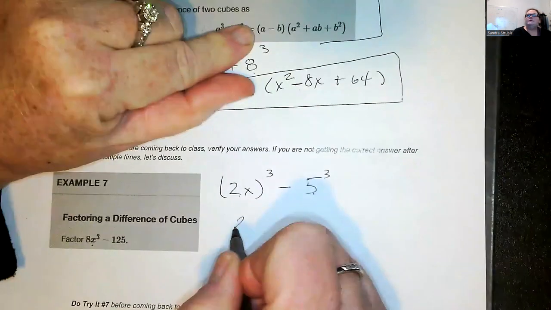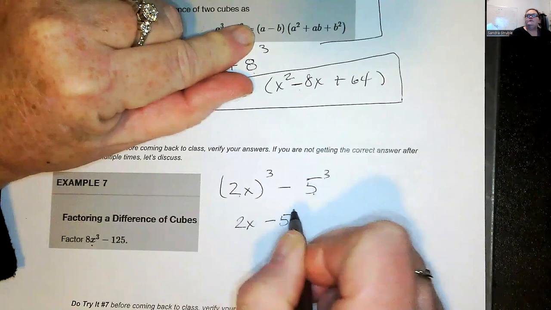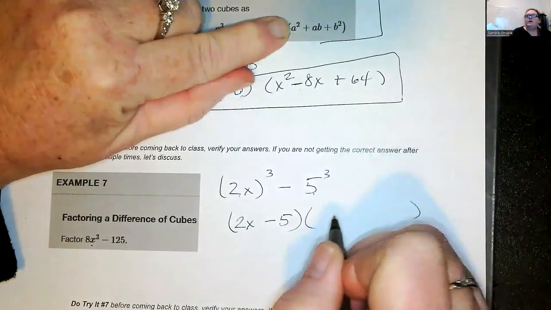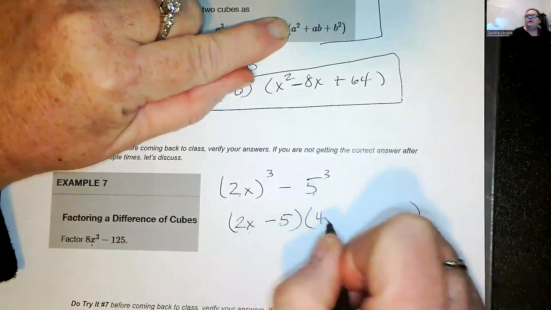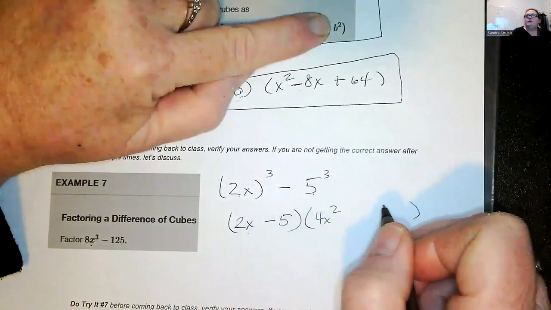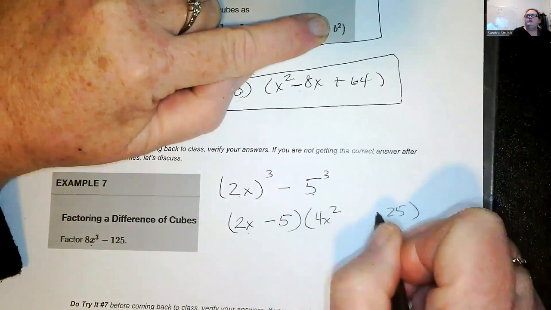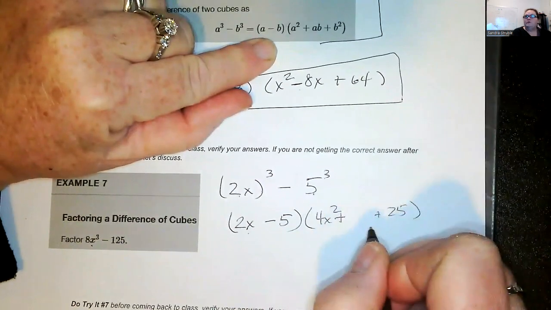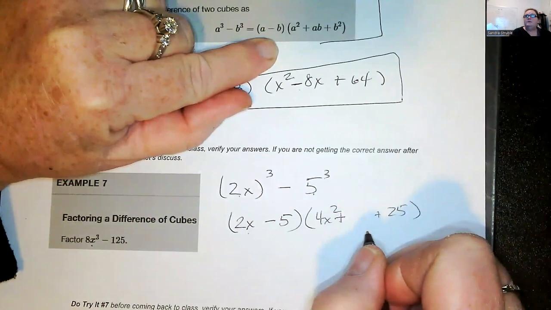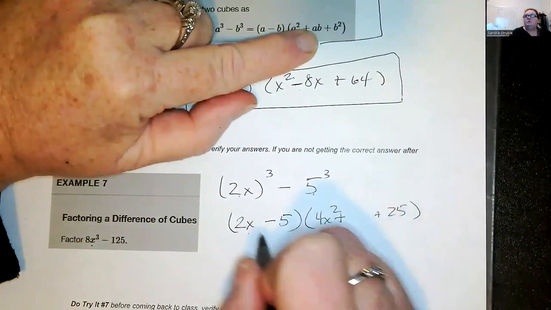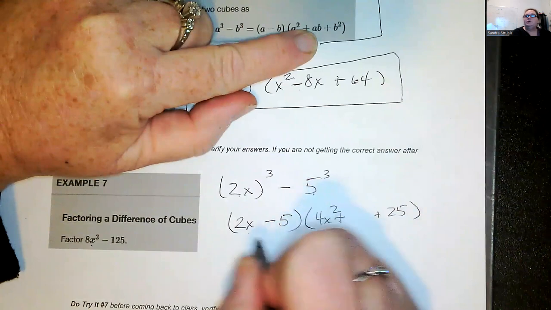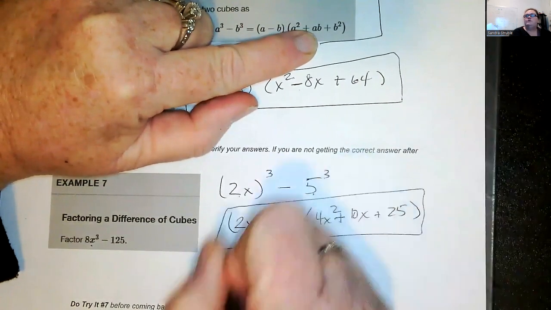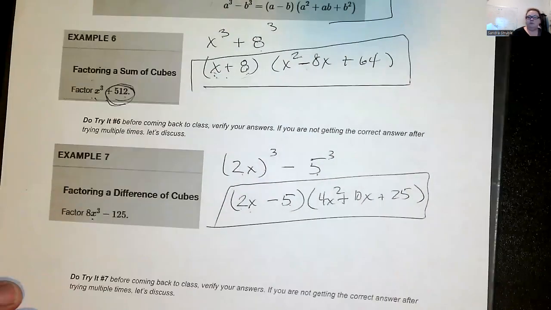So 2x minus 5 times, take the A and square it. 2x squared is 4x squared. And then for the B squared is 25. All of these have to be positive in your trinomial when you're dealing with the difference of cubes. Okay. And then the middle term is just the multiplication of the 2x and the 5, which is 10x. And there is our answer for the difference of cubes.